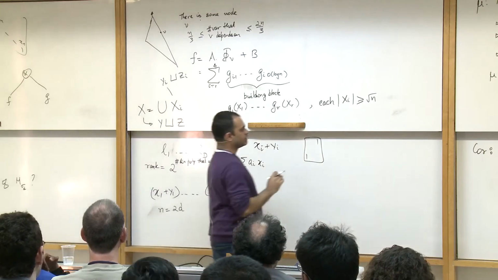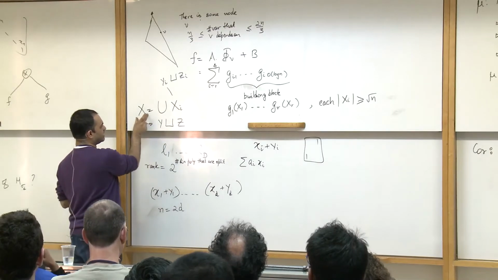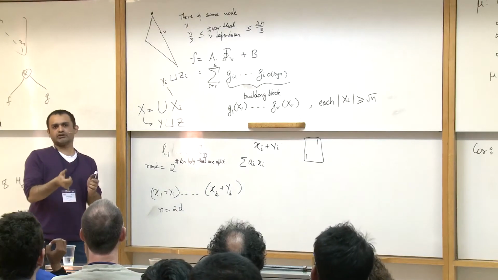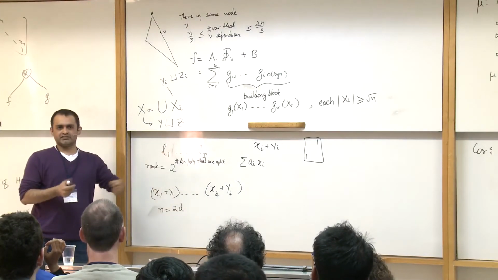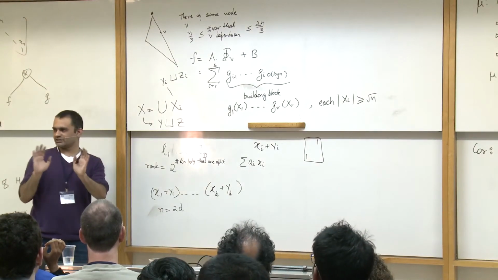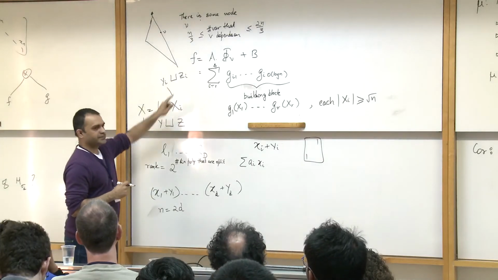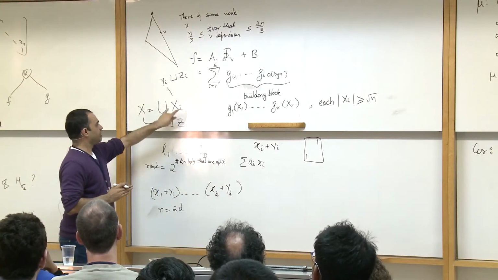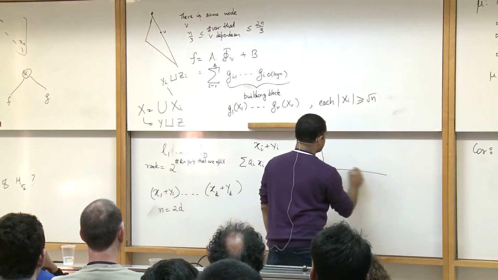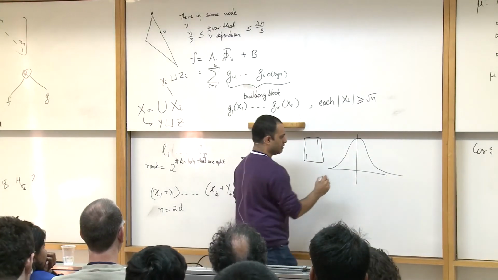Something that you can interpret this as saying, because I'm splitting each x_i into y_i and z_i, think of it like I'm starting off with the variables in x_i, and I'm going to toss a coin. With probability half, I'm going to put it in y_i. With probability half, I'm going to put it in z_i. This is not quite the same thing because the sizes are bounded, but it's a good approximation for the probabilities that are happening. And so the expected size of y_i is going to be the size of x_i divided by 2, but it's a Gaussian, right? So it's something that looks like this. It's going to be very concentrated around the expectation.